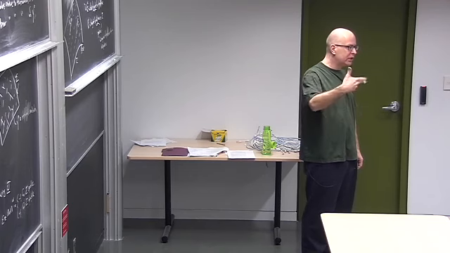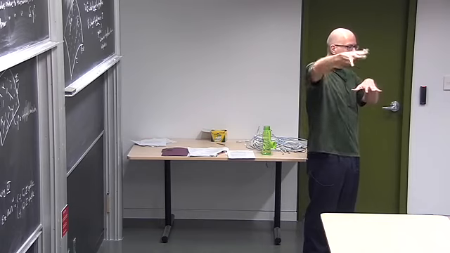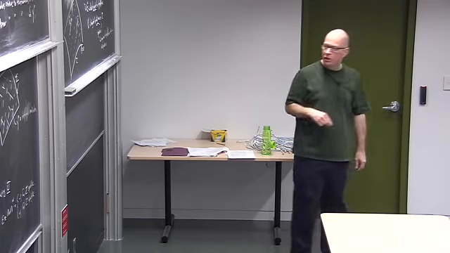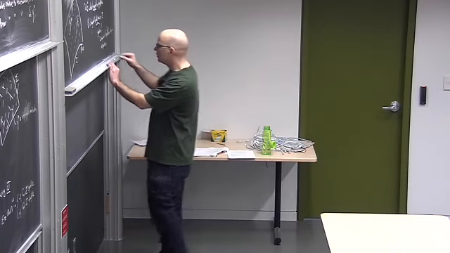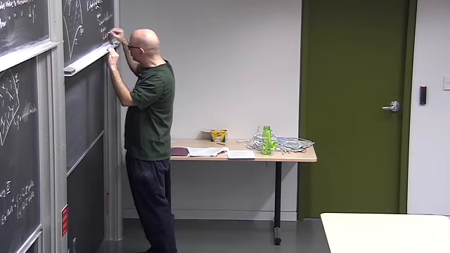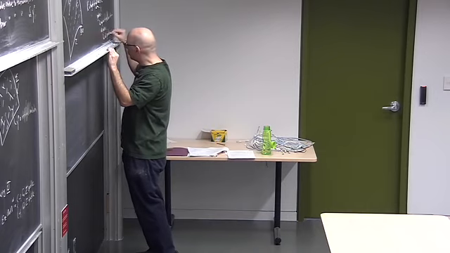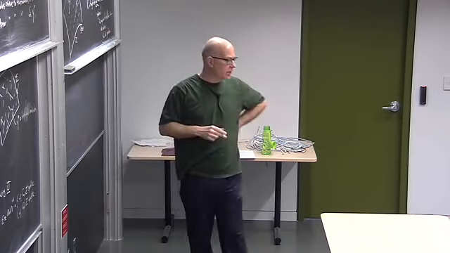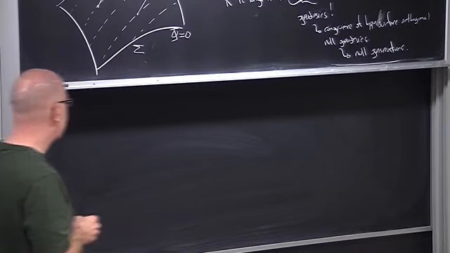So those are the null geodesics that, in a sense, trace the surface, they generate the surface. So we call them the null generators of the surface. I haven't proved that they're geodesics yet. That will come in just a second. I need to set things up a little bit more before we get to that.